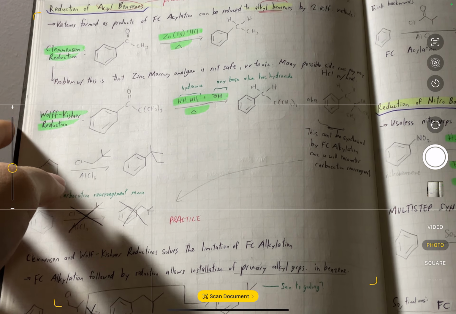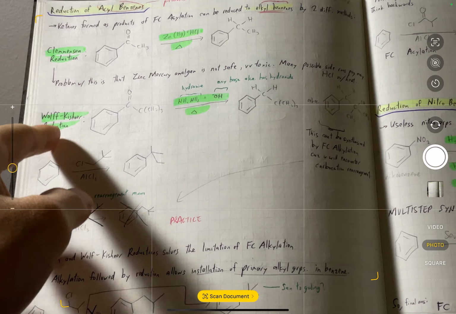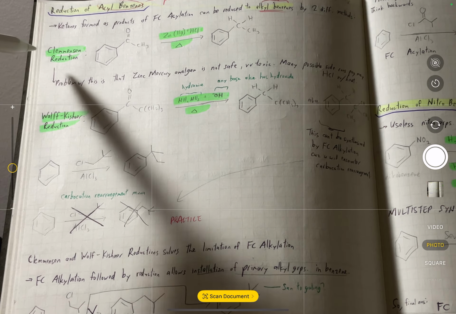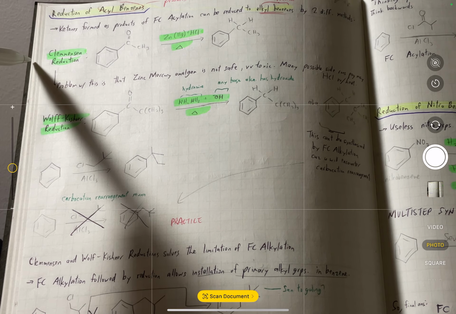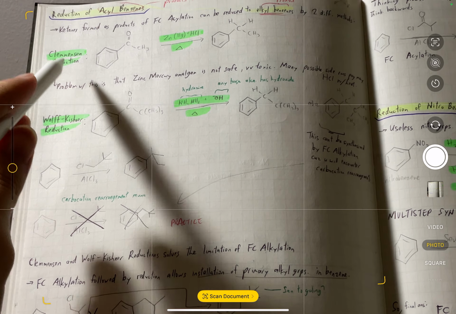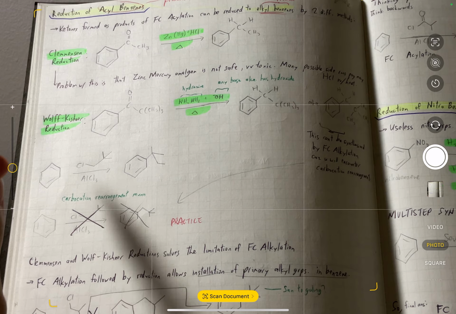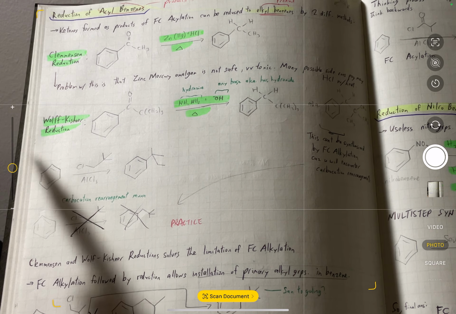There are two kinds of reduction. They do the same thing, only that Wolff-Kishner is more efficient now. So why bother with Clemmensen? I don't know. The reason Clemmensen reduction isn't good is because many side reactions happen, and it's more dangerous.